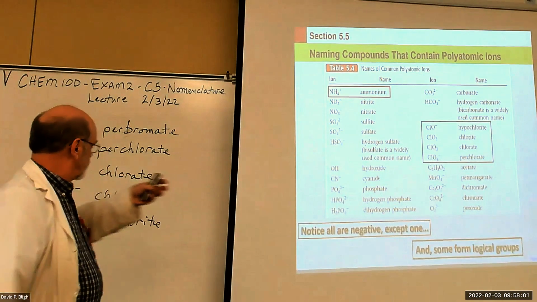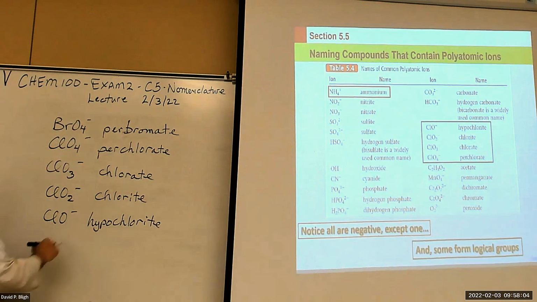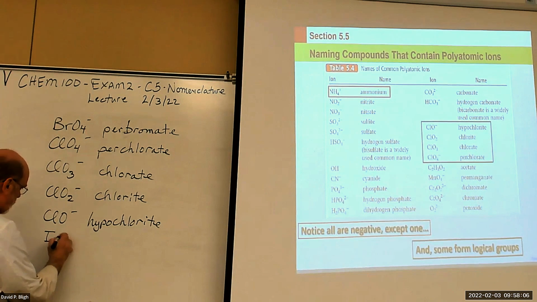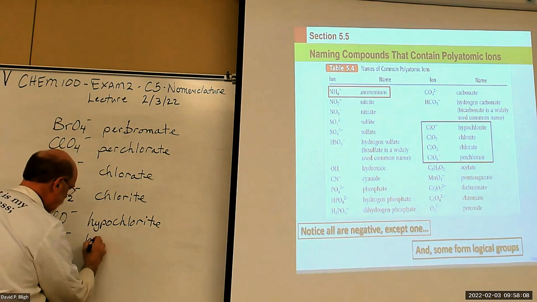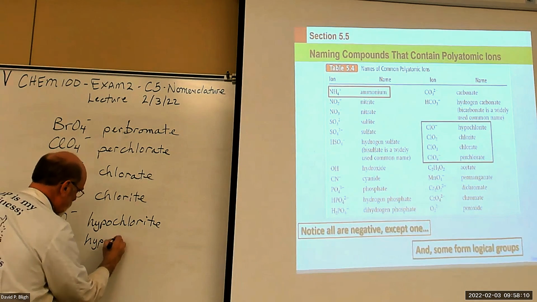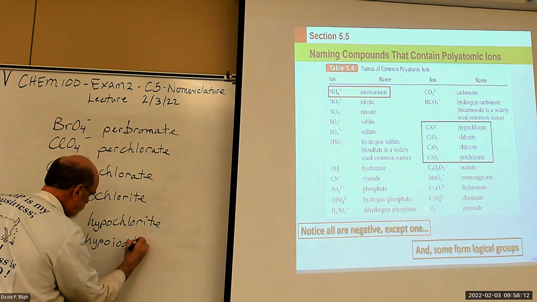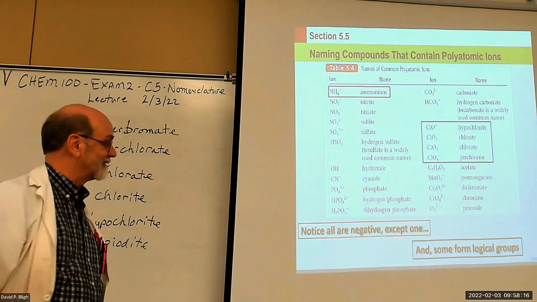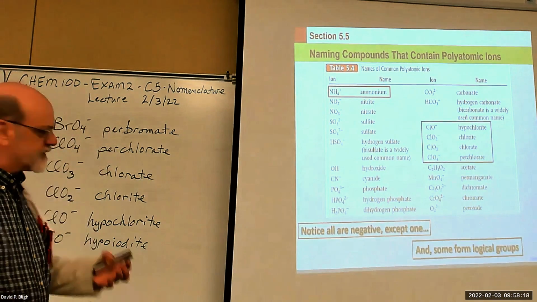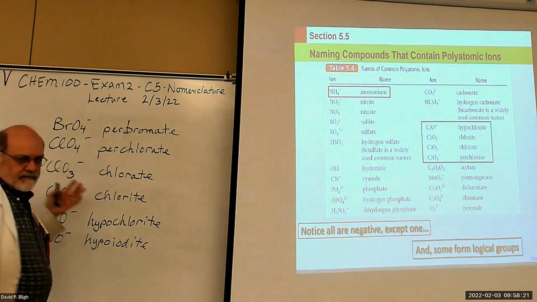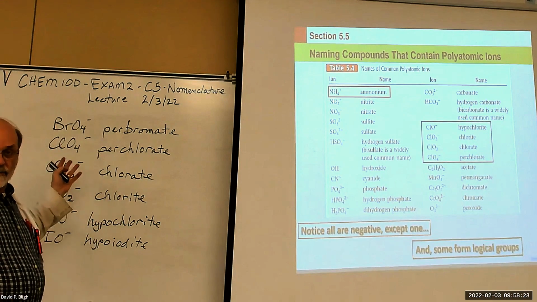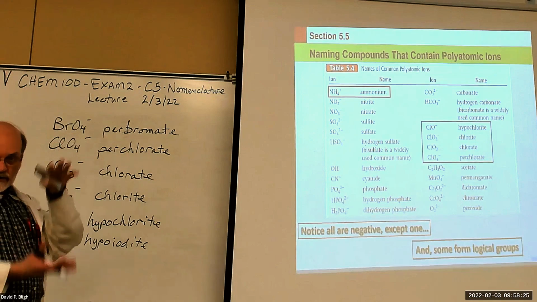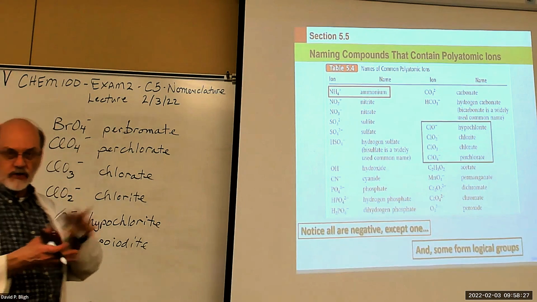Or iodine. You could say, substitute iodine in here. Now we would have hypoiodite. Okay? Now this, the oxides of halogens, form the largest pattern group that I'm showing you here.